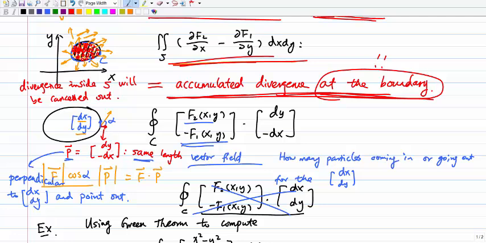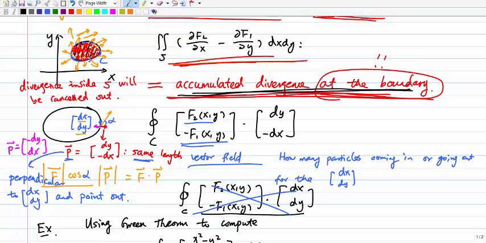Also, it points out, because you could have two different p's. One is negative dy and dx, which is also perpendicular, but this one points inside. Because I care about the divergence to the outside, I have to use dy, negative dx.